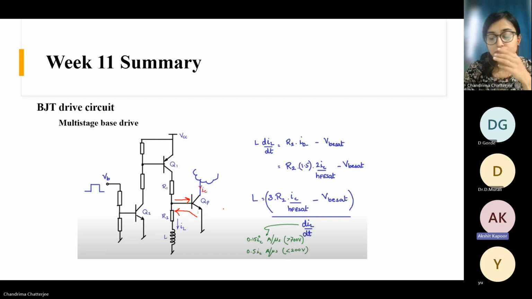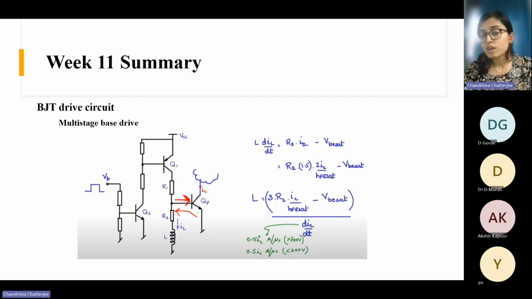Excuse me, ma'am, why can't the source provide the required current? It can provide it, but you will have to select a source which can source a very high amount of current. So if you can modify the circuit so that you don't need to draw very high current from the source, it is better, right?